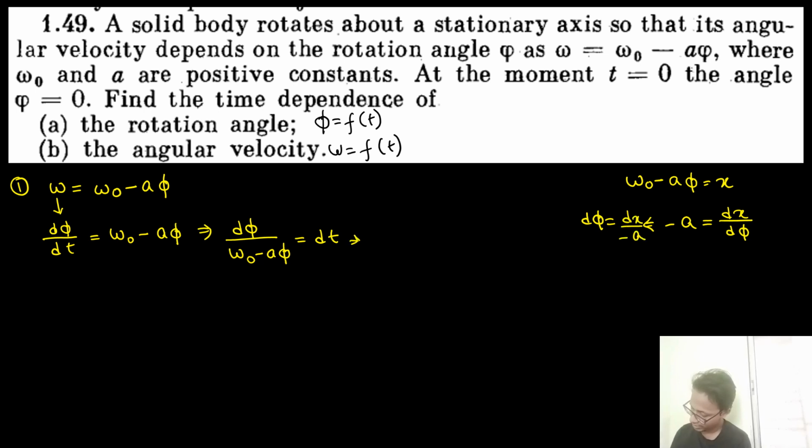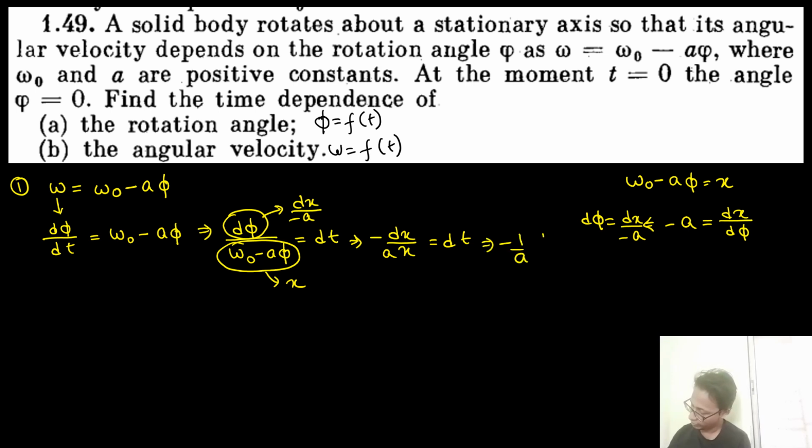Substituting, d phi is dx by minus a and omega naught minus a phi is x, so minus dx by a x is equal to dt. This can be written as minus 1 by a, where a is a constant, dx by x is equal to dt. What is the integration of dx by x? Of course it is ln x, so ln x is equal to t plus some constant.